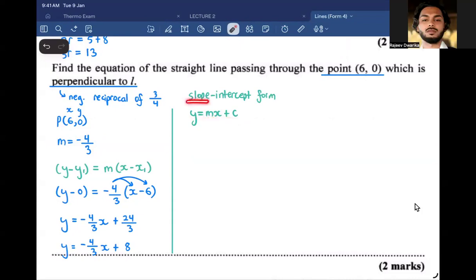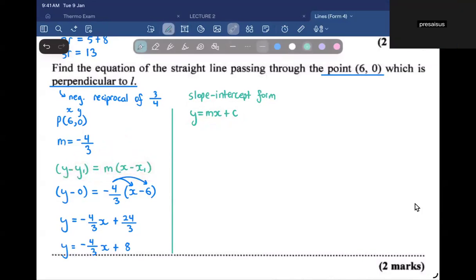That's why we call it the slope intercept form, because it gives us a gradient, which is the slope, and the y-intercept, which is the intercept. And we call this one the slope point form because slope means gradient and point because we plug in our point. You understand?